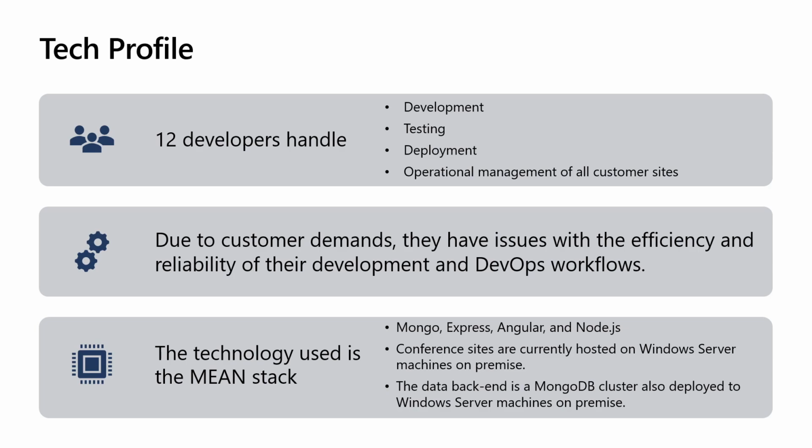The technology they are using is the MEAN stack, that is Mongo, Express, Angular, and Node.js. And these conference sites are currently hosted on Windows Server machines that are running on-prem. And especially the DB backend, the MongoDB cluster, is deployed on Windows Server machines on-prem as well.